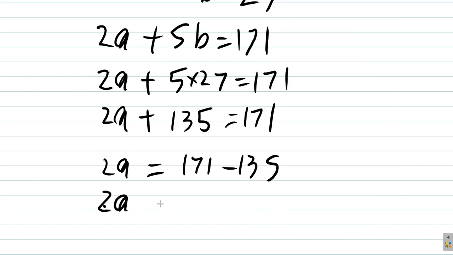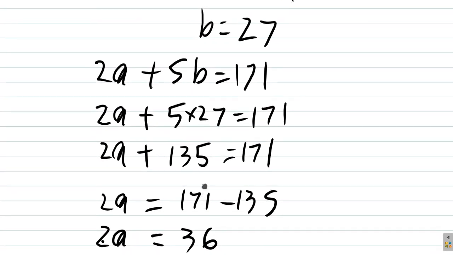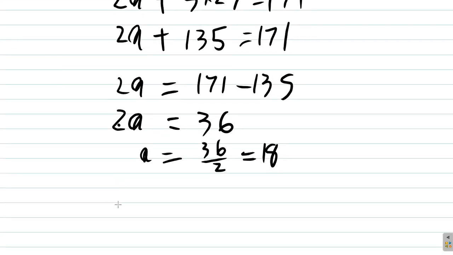So 2a equals 36. So a would be, divide both sides by 2, we have 36 over 2, which is 18. So a is 18, b is 27. So a equals 18, b equals 27. And we have our answers there.